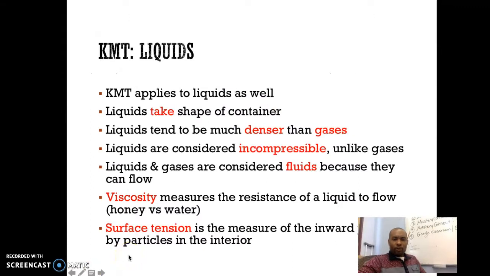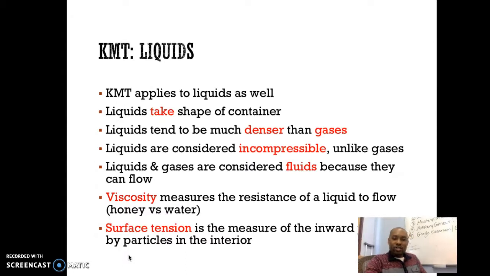Okay, couple more things. We're going to take a look at some principles behind liquids, because kinetic molecular theory applies to liquids as well. We know that liquids take the shape of their container. Liquids tend to be much denser than gases. Liquids are considered incompressible, so you can't press liquids down, unlike gases, which you can compress.